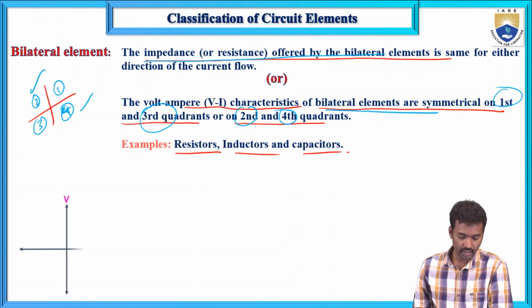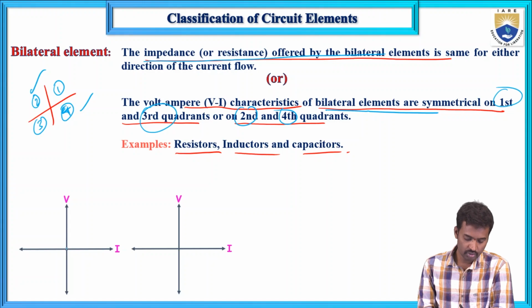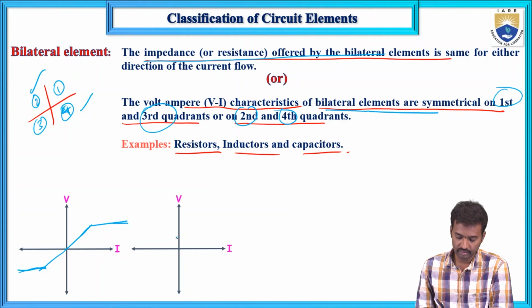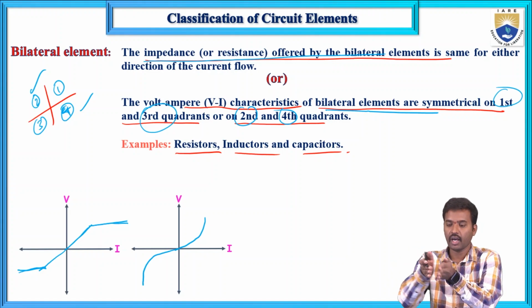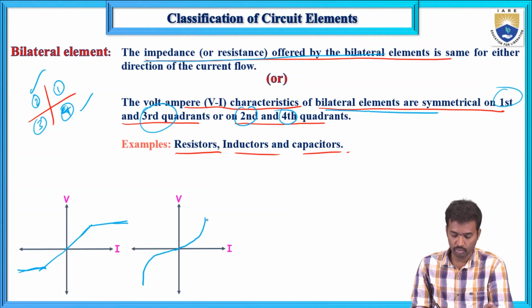And next, this is a bilateral element. First quadrant image and second quadrant image are the same. Fold like this and like this, and the image should be the same.